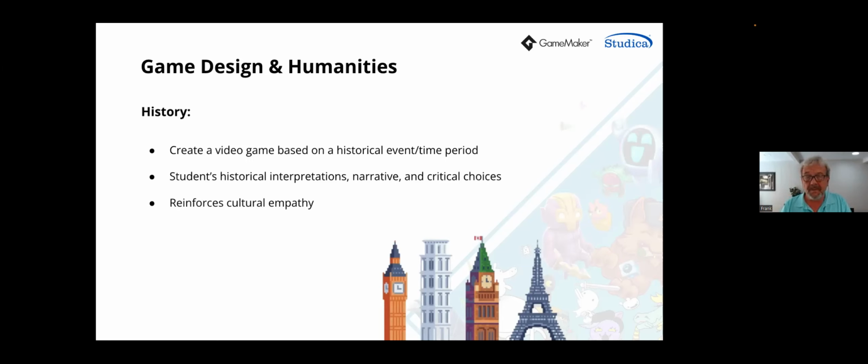Creating a video game based on a historical event, the student not only has to know about the event, but they have to dig deeper in order to really understand the dynamics of what happens. It also gives them a historical interpretation and a narrative and critical choices of what parts of that history they're going to show and learn.